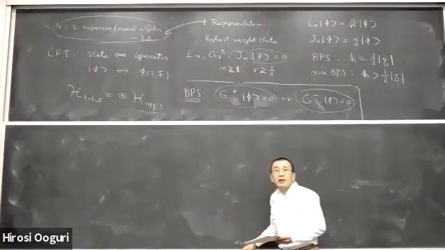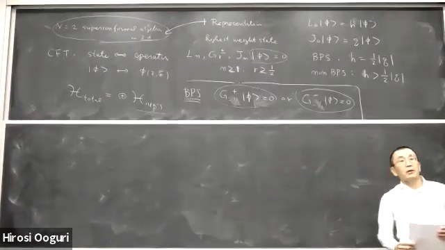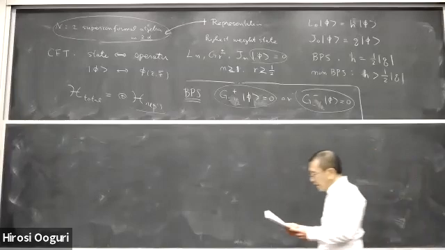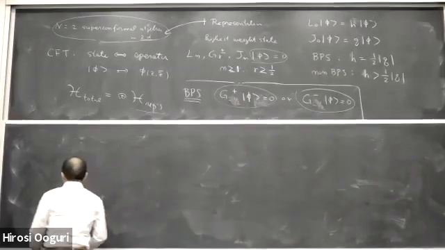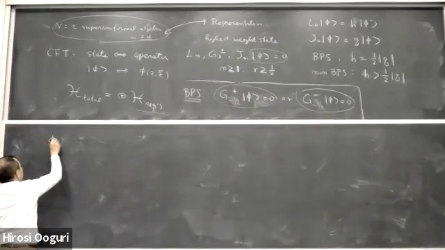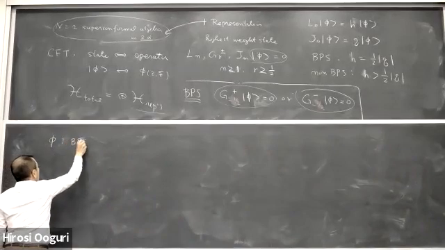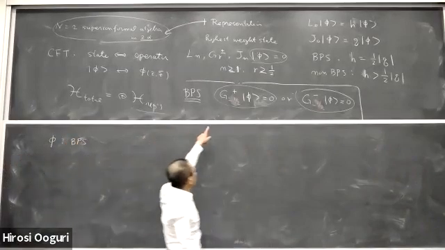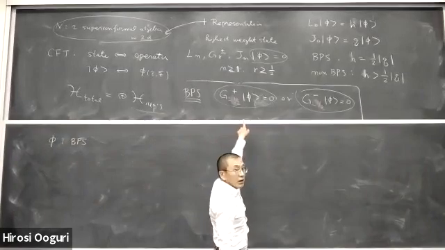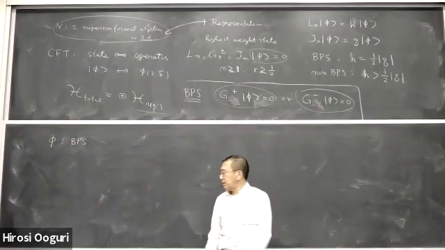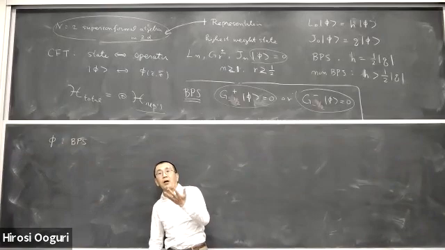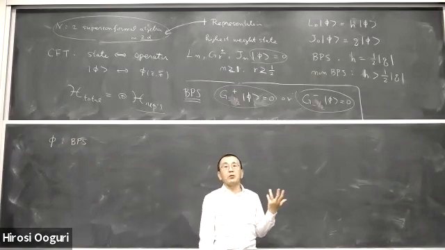So BPS plays various important roles. One of the roles is the following. Suppose you have phi, which is a BPS, and I said that there is a choice of whether it's annihilated by G plus or G minus. That's for the left moving part, but you can also have the right moving part.